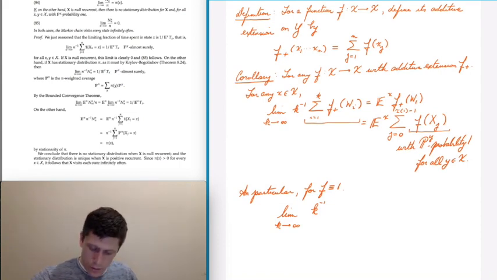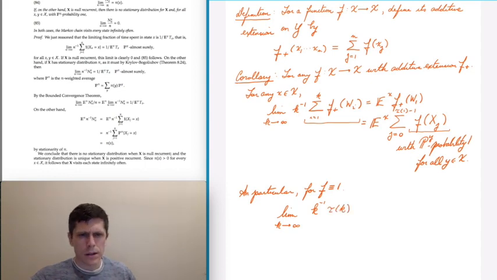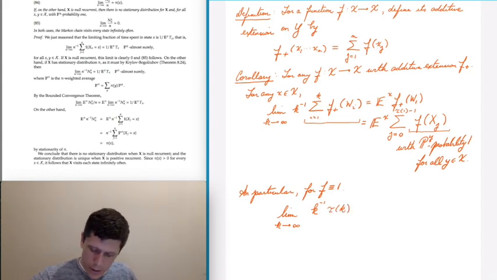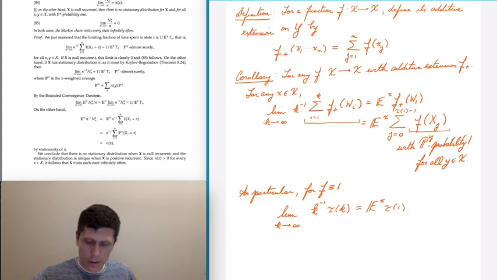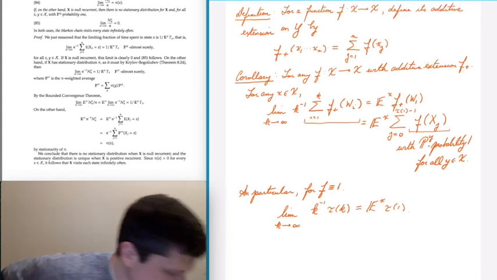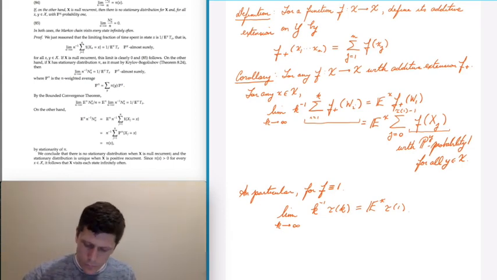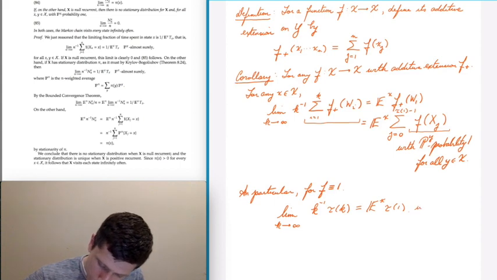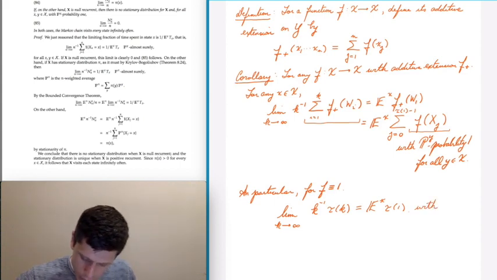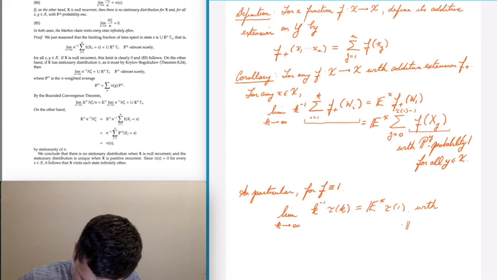And so we get that the limit as k goes to infinity is just given by this statement here. This is again with Py probability 1.